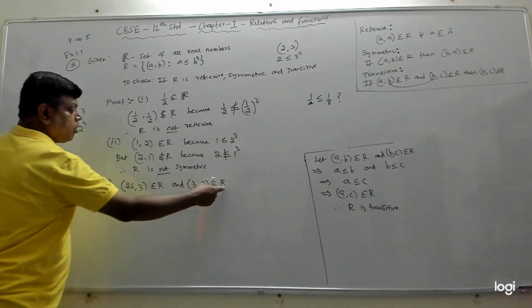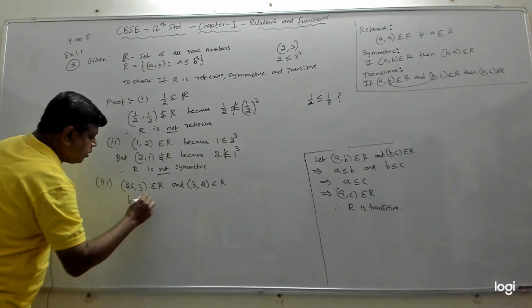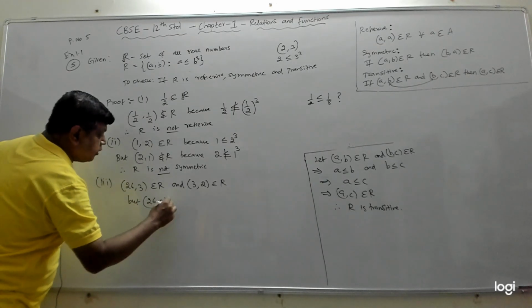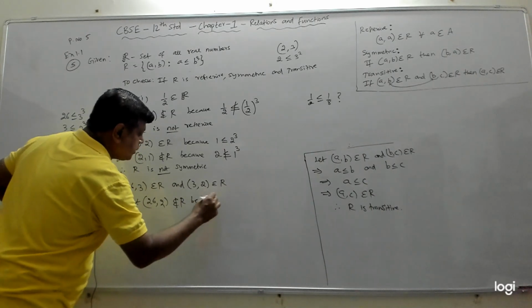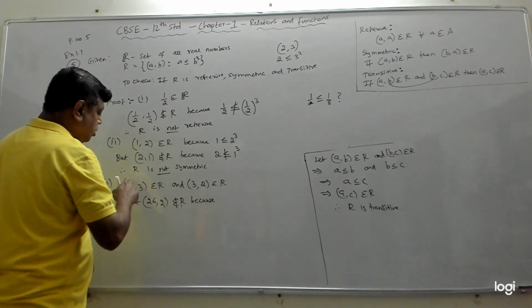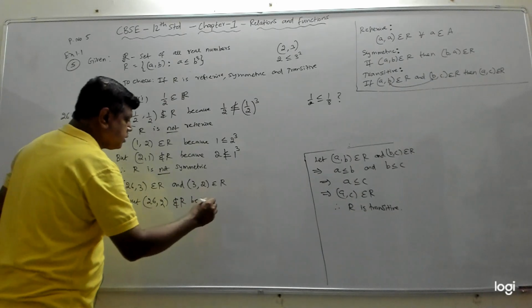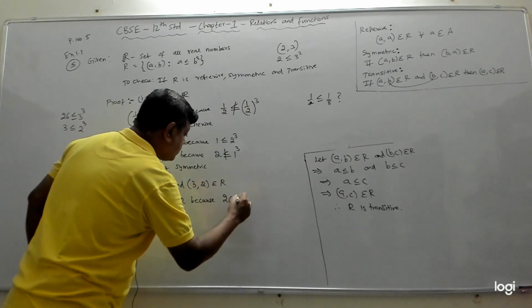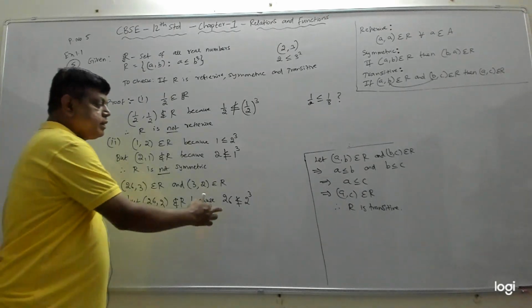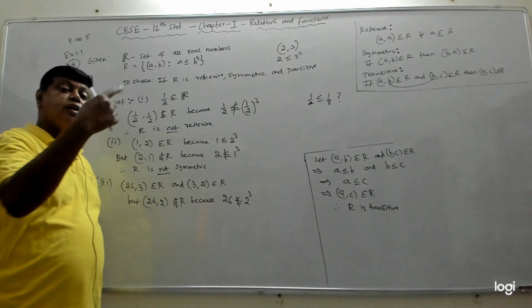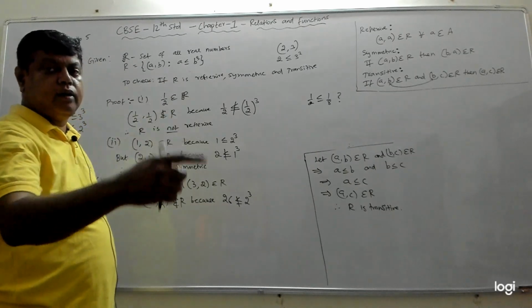So these two elements belong to R, but (26, 2) does not belong to R. Why will it not belong to R? (A, B) belongs to R, (B, C) belongs to R, but (A, C) does not belong to R, because 26 is not less than or equal to 2 cube. 2 cube is 8 and 26 is greater than 8.